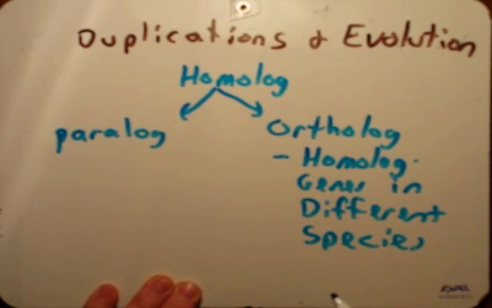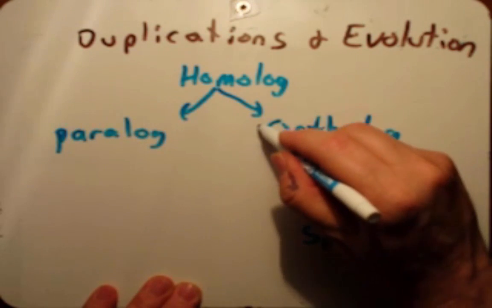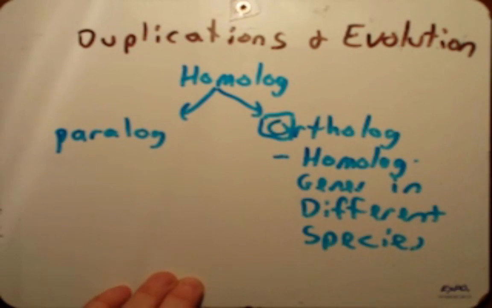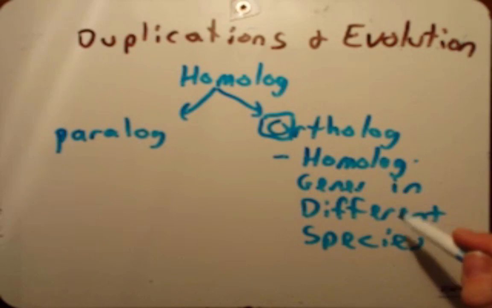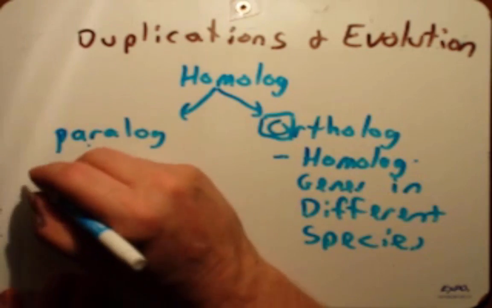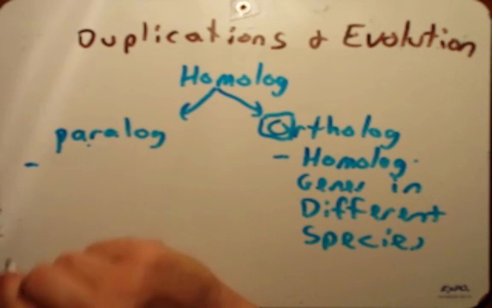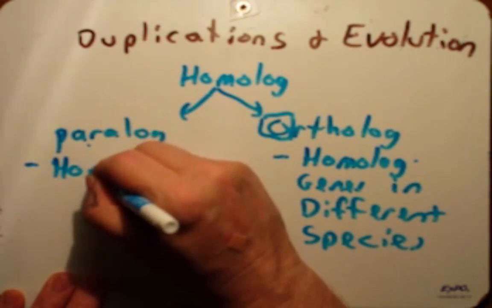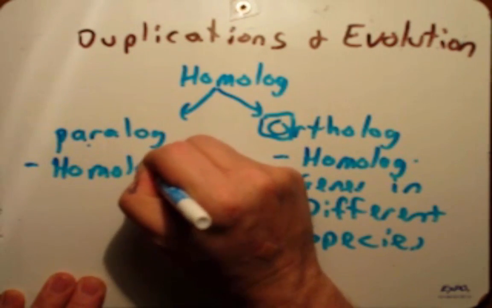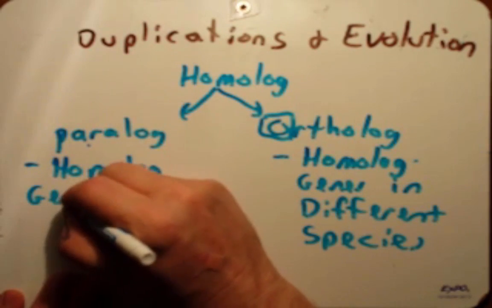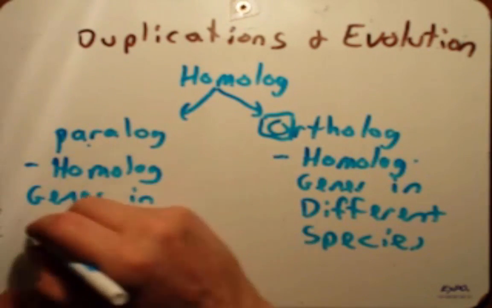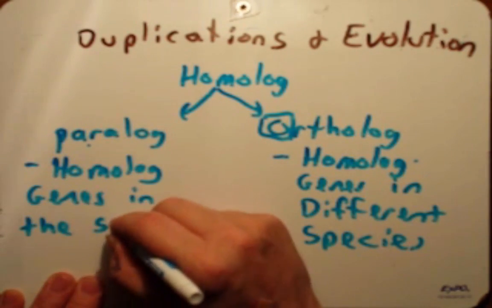If you get confused on how to tell these two apart, I always tell them apart because O here reminds me of other. So these homologs are in other species. Paralog. These are homolog genes in the same species.